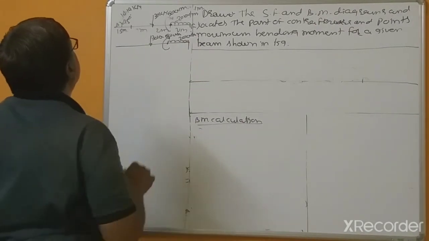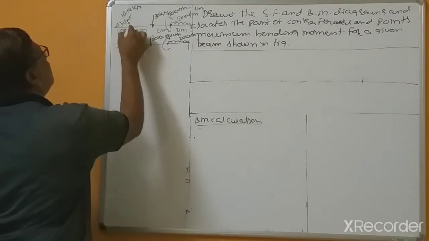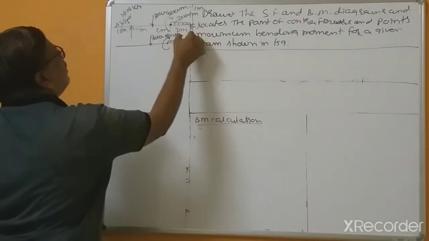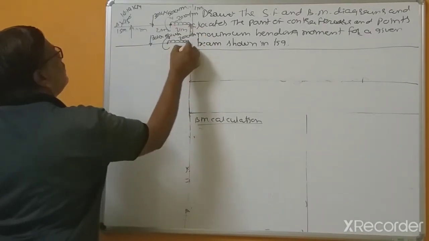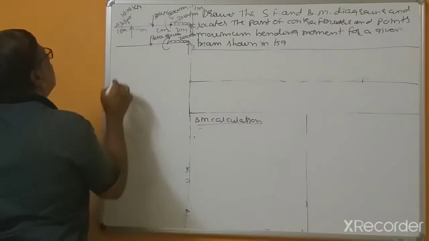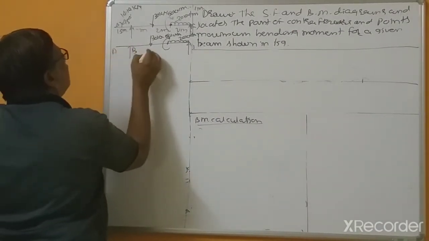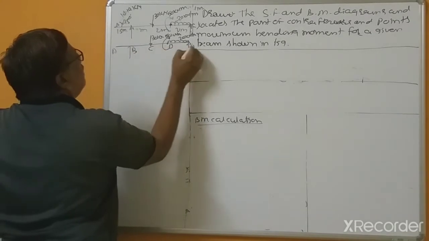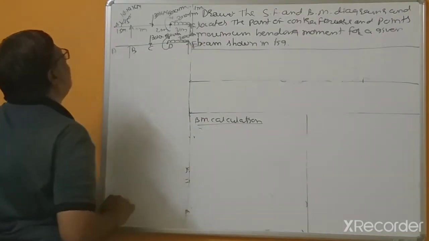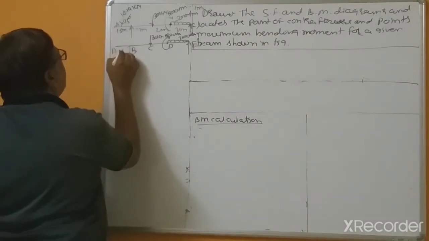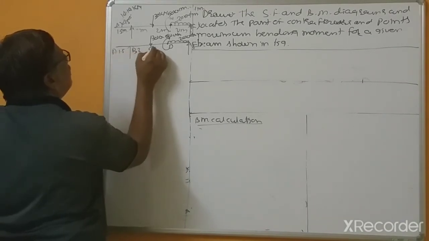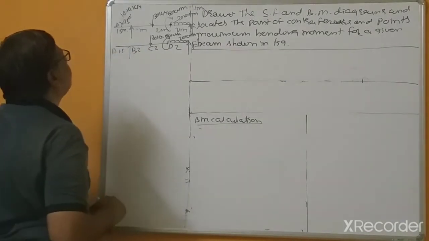So at A point, B, C, D and this is E point. 1.5 meter, 2, 2 and 2.